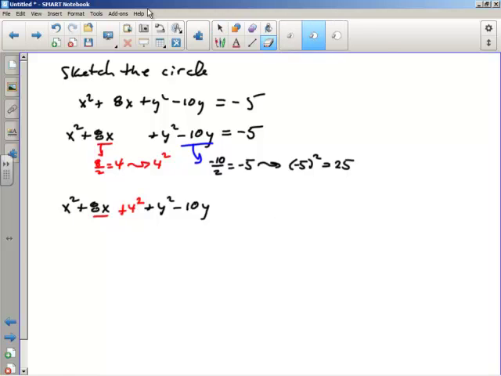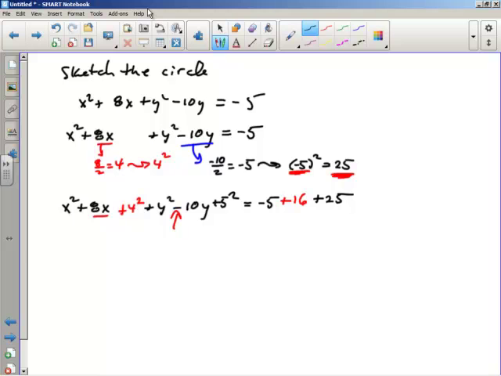And I should have some room. There we go. And the trick here, even though that's a minus sign right there, we got to add 25. Minus 5 in parentheses squared is a positive 5 squared. And you try putting a minus there and you'll see it doesn't work. So add that 5 squared to the right in the form of a 25.